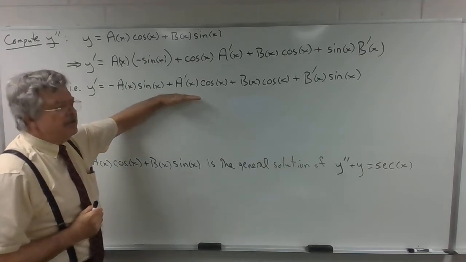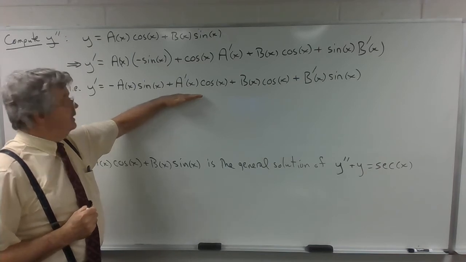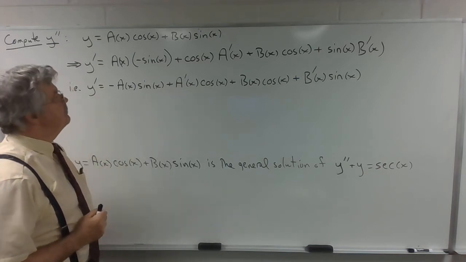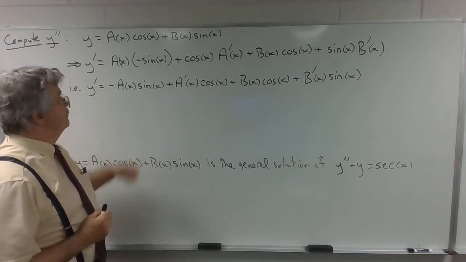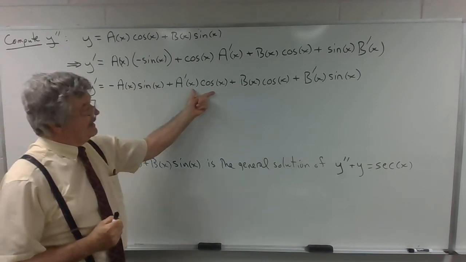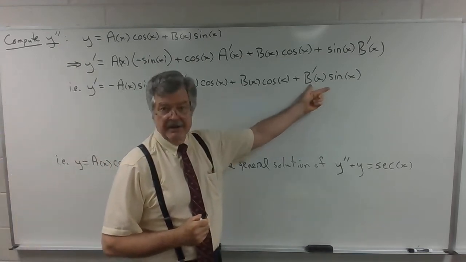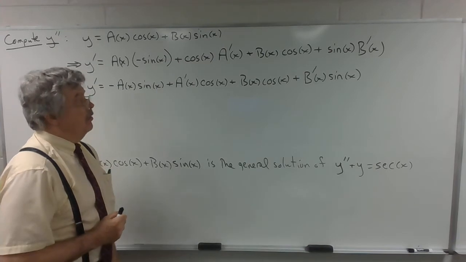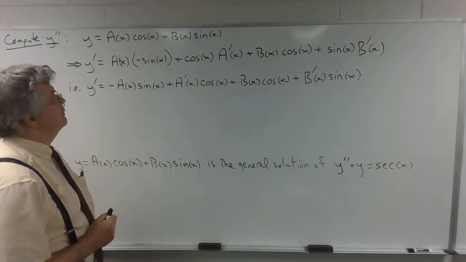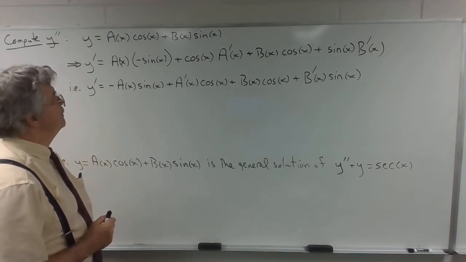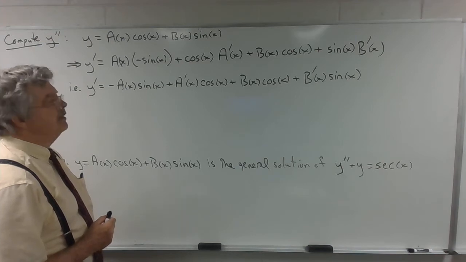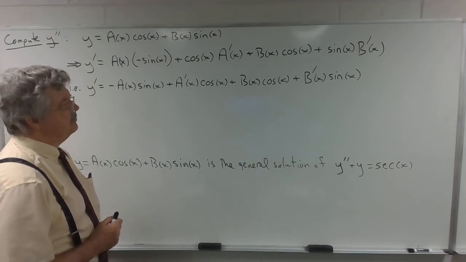Now, when we compute the derivative of this thing to get y double prime, we're going to use the product rule here, and here, and here, and here. Oh my goodness, we're going to get 8 terms.